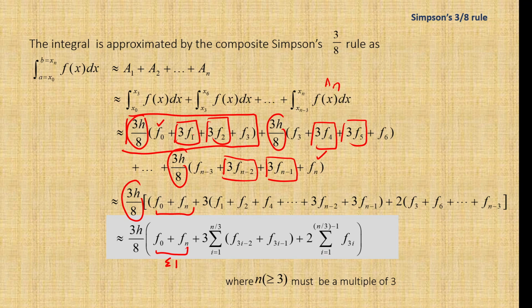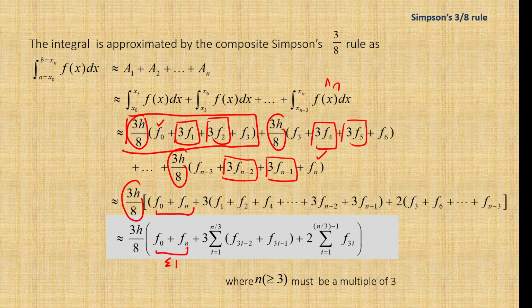So you see all the 3-times f's are actually those whose index is not a multiple of 3. You see, 3 times f(3i minus 2) plus f(3i minus 1), where i is 1 up to n divided by 3.